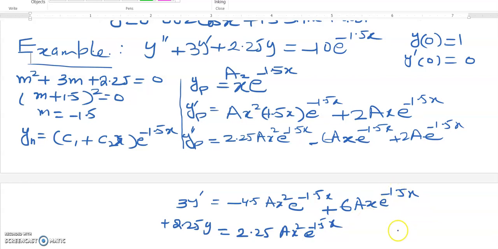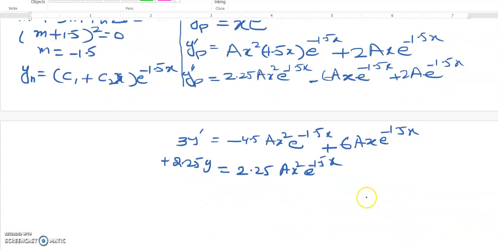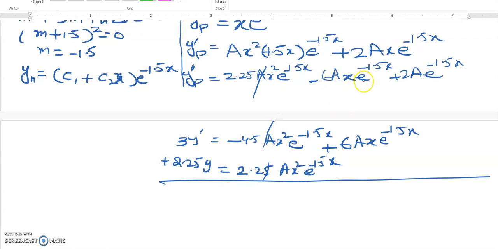Now if I visually add these, these three terms will cancel out, and similarly these two terms will cancel because this was minus 6, this was plus 6. The term remaining will be 2a e power minus 1.5x.